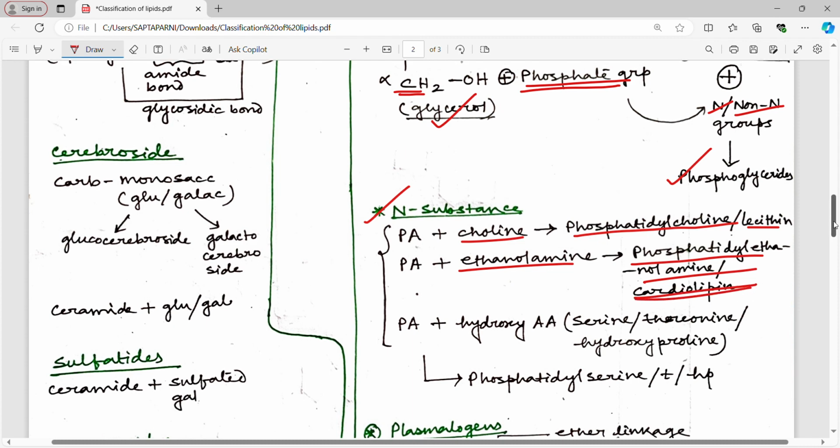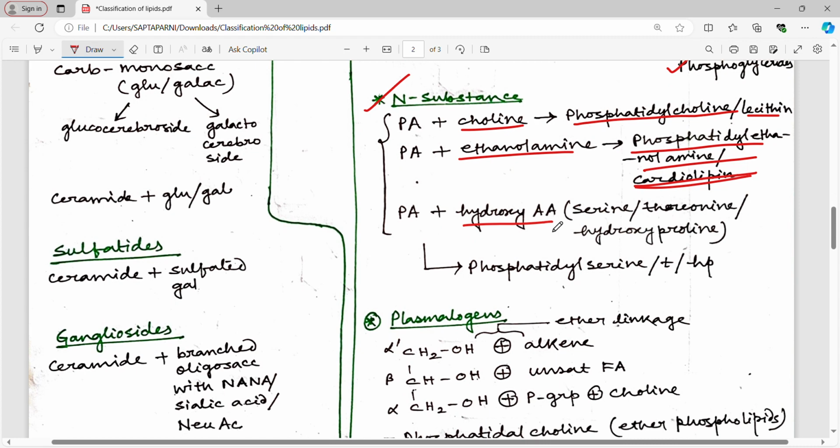When phosphatidic acid reacts with hydroxyl amino acids like serine, threonine, hydroxyproline, which are amino acids that have an additional OH group, they form phosphatidylserine, phosphatidylthreonine or phosphatidylhydroxyproline. If you have read about the structure of the plasma membrane, you can find all these phospholipids in it: phosphatidylcholine, phosphatidylethanolamine, phosphatidylserine. These names will be very familiar to you.